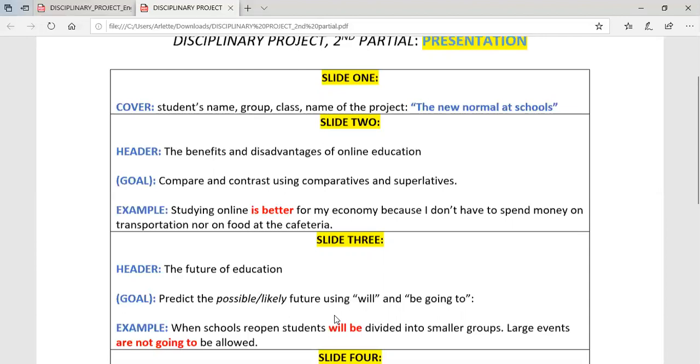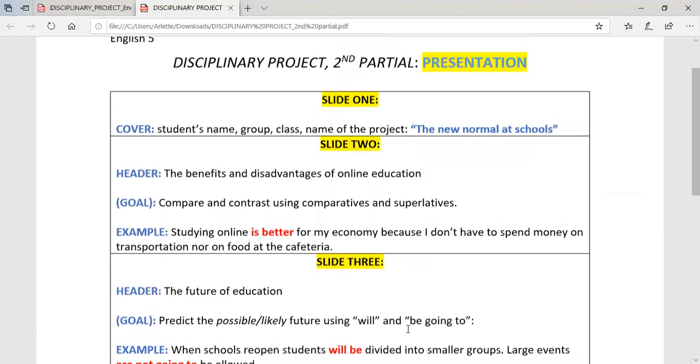So we can say, if you wear a mask, or if everybody in the school wears a mask, everybody will be protected against COVID-19. For example, guys, okay? So you can talk about the possible logical results using the first conditional in the second slide, okay? So will, going to and first conditional can be used in the second.